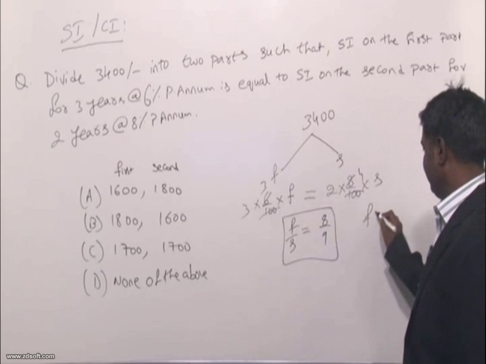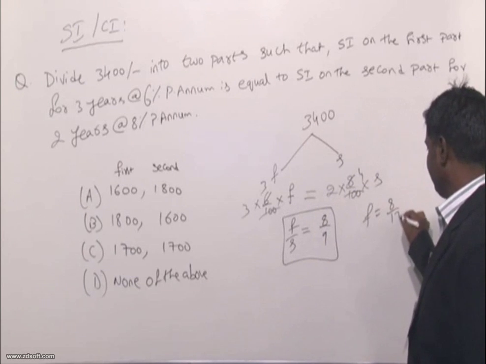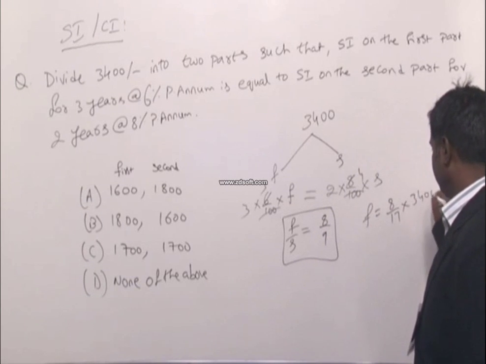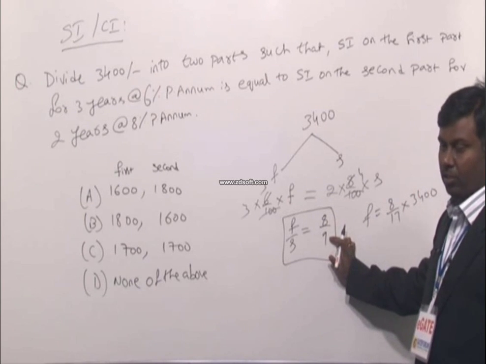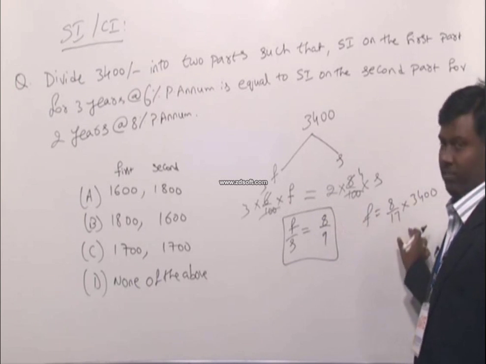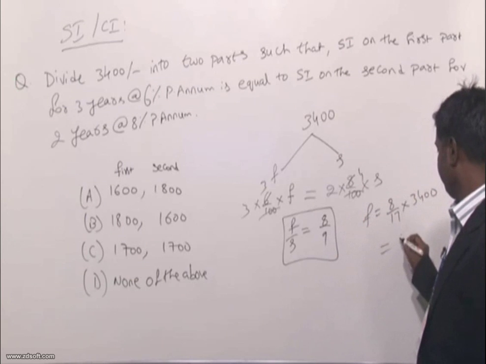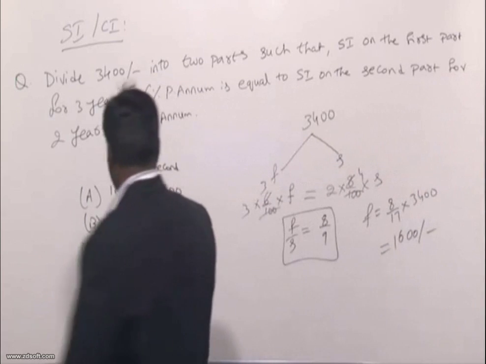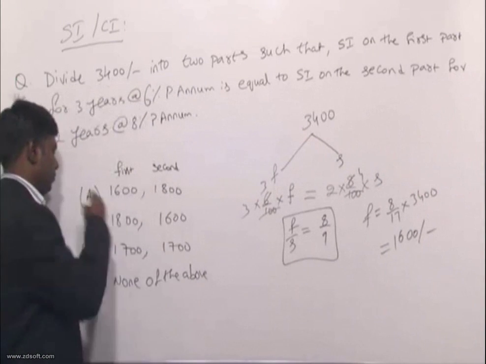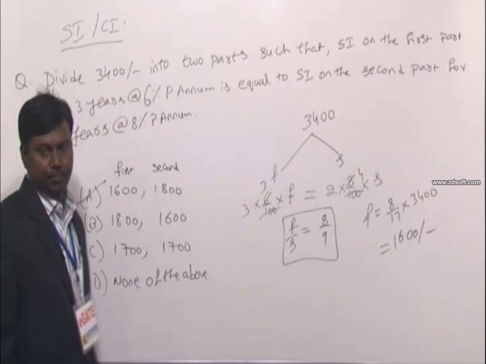So if F is 8 parts, S is 9 parts. So F must be 8 out of 17, right? F is 8 by 17 into 3,400. So the first part is 1600, and the remaining must be the second part.